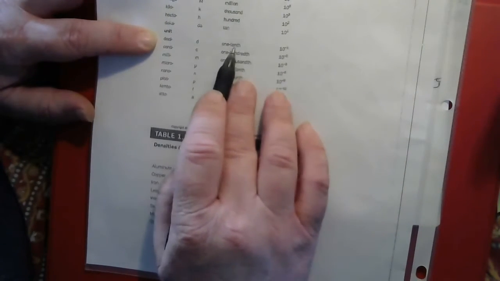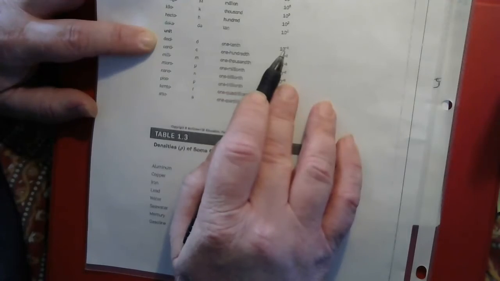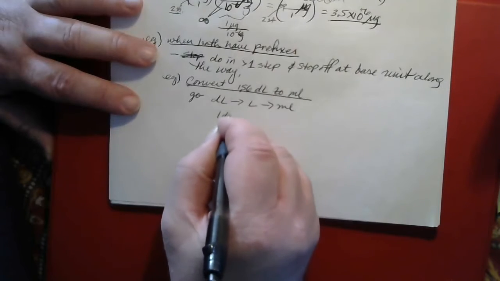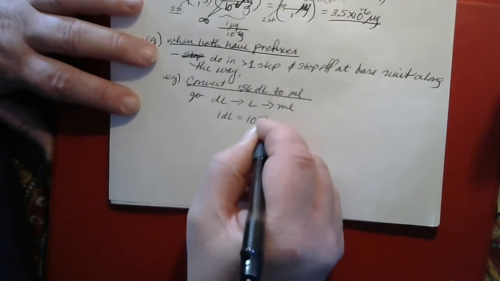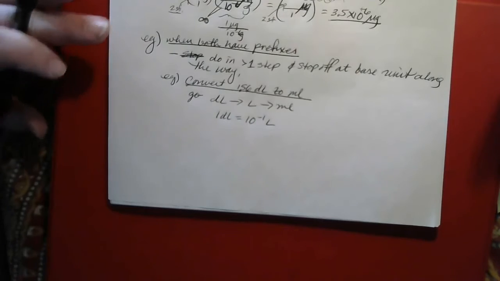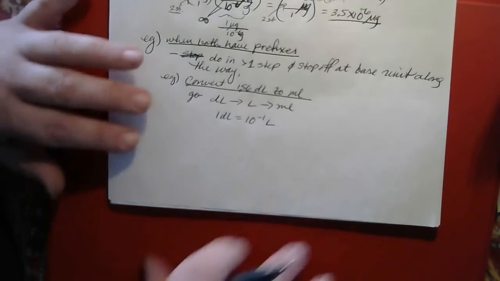So we come to the prefixes here. We see deci, d, 1/10 or 10 to the minus 1, or 0.1 is another way of putting it. But I'll leave it in exponential notation like the chart does.